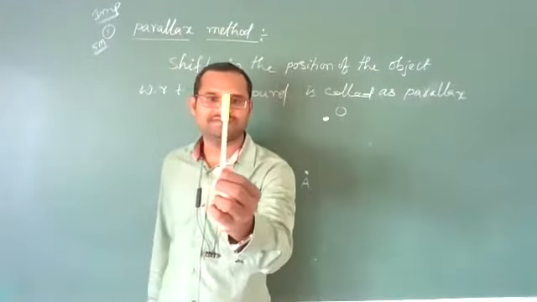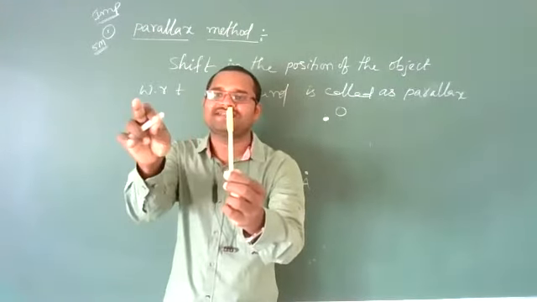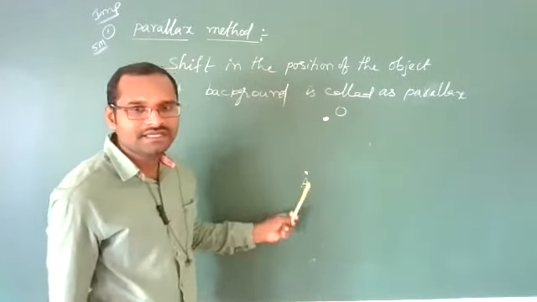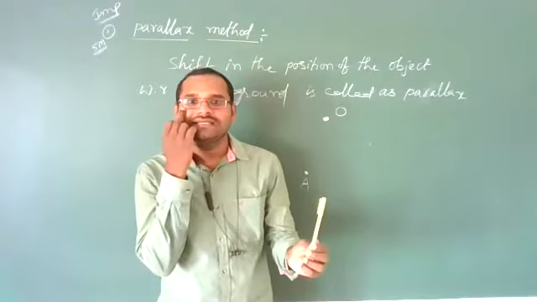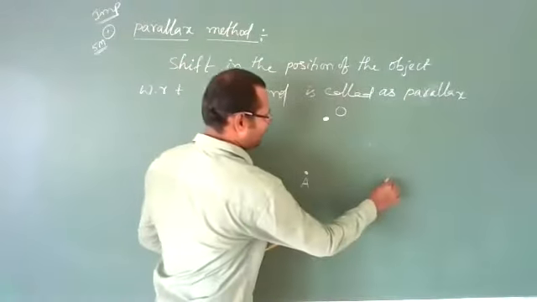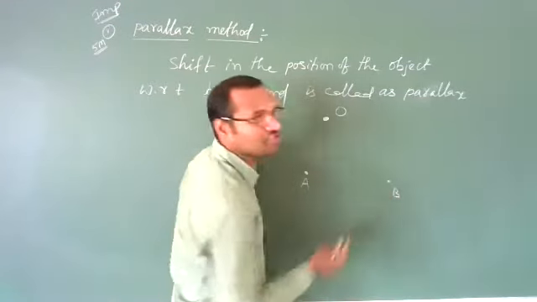With this eye, the object position is somewhere, that I am showing you as A. If I close this eye and see with the other eye, your object location will be somewhere else. There will be a change in the position.